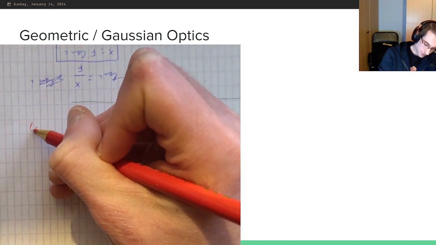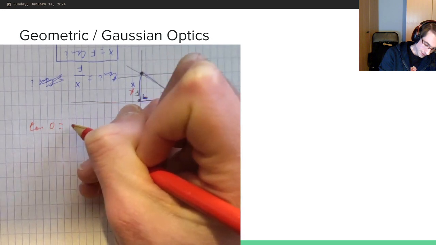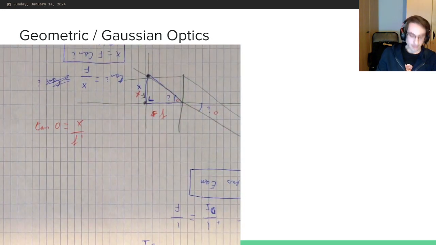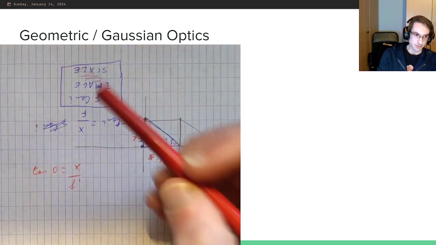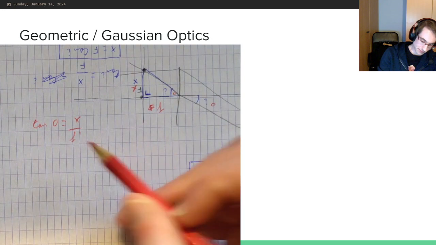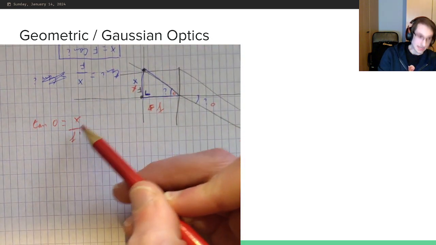And so this right here has to obey the same laws as before. So now we get that the tangent of O is equal to x over f prime. And we can combine this with the other one, which I have here, because this x is the same.